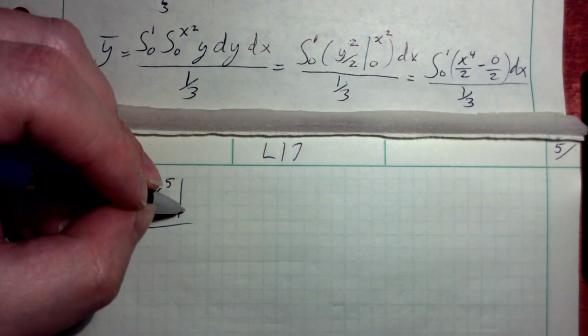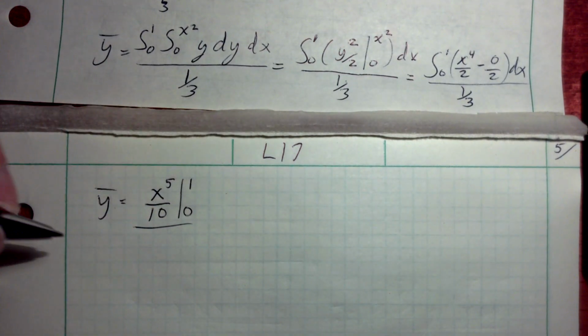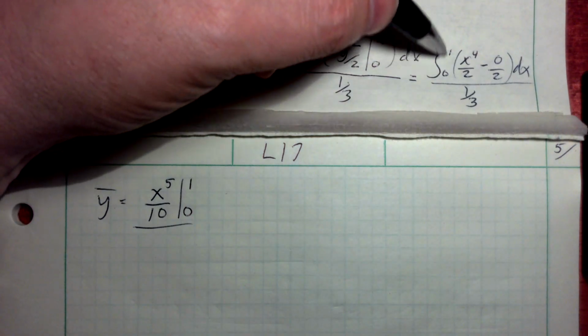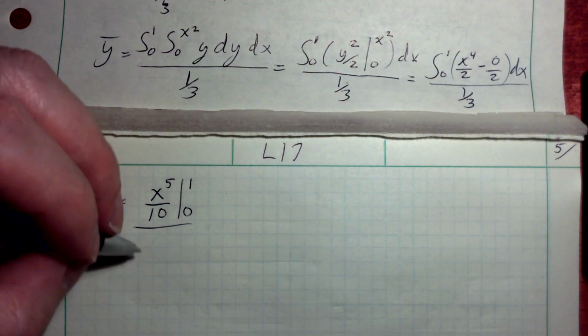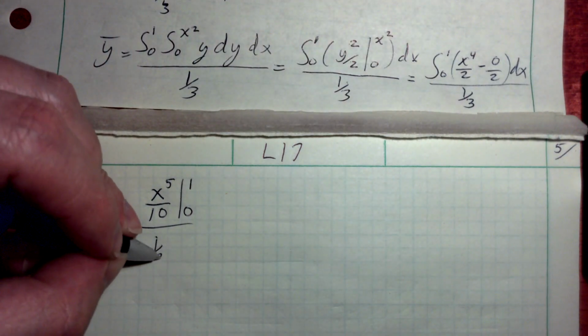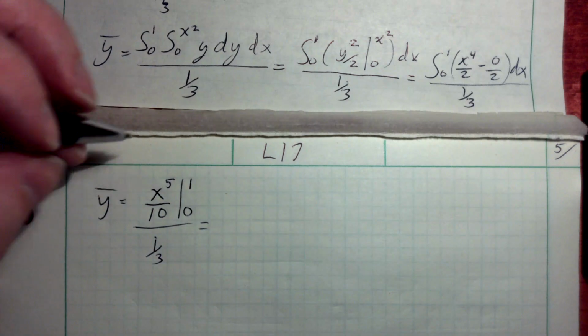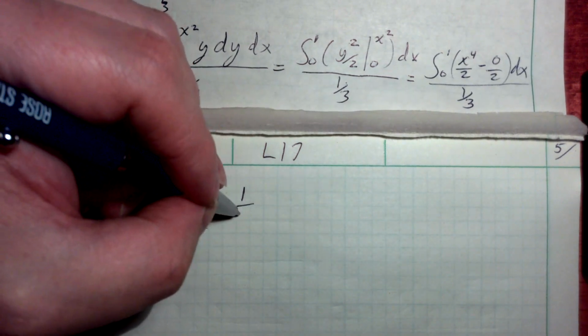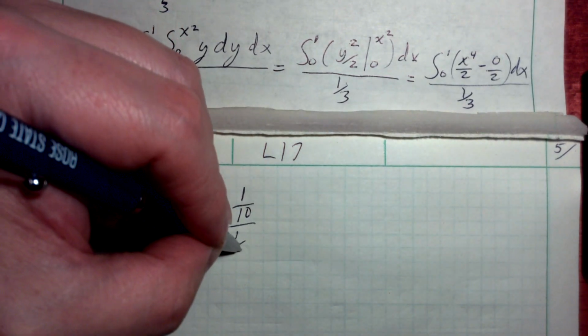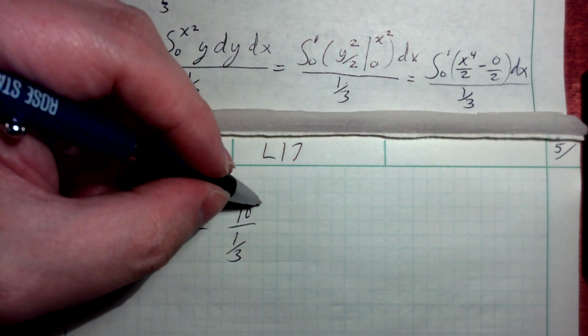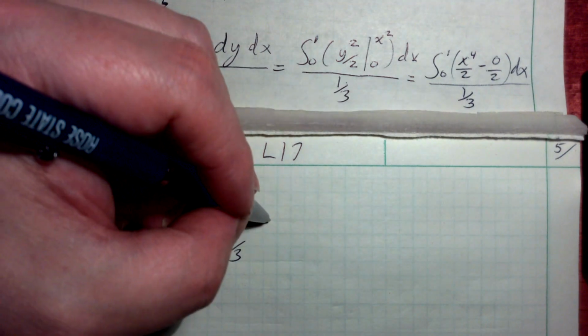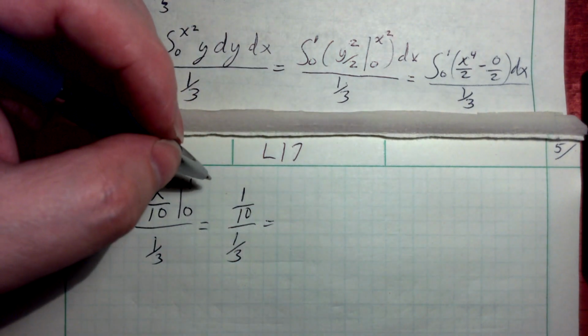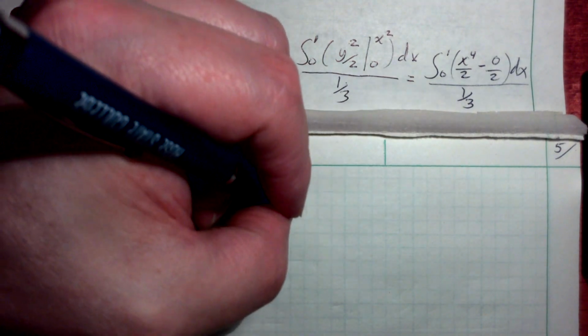And that's going to be evaluated from 0 to 1. That's my limits of integration here. That goes down there, and then the bottom is 1/3. So plug in 1, I get 1/10 over 1/3 minus 0 over 1/3. So that goes away. Now I'm left with 3/10.